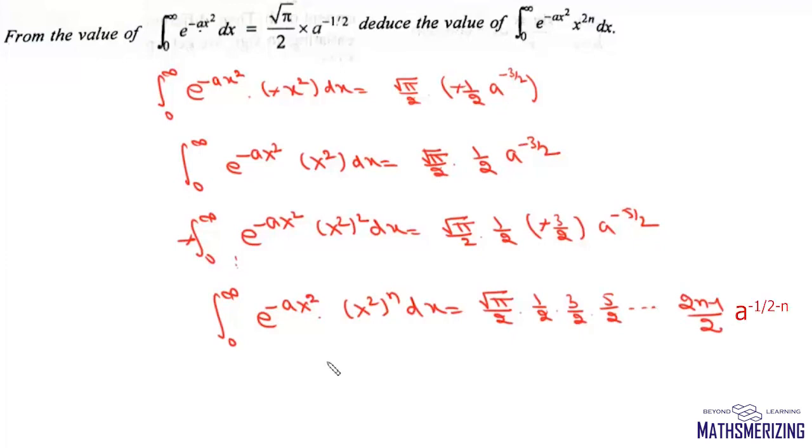We can simplify this result as under root pi upon 2 to the power of n plus 1 and then 1 into 3 into 5 up to 2n minus 1.